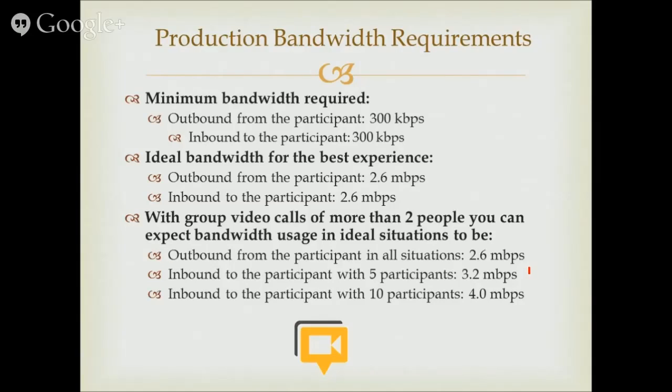And with group calls of more than 2 people, you can expect bandwidth usage to go up. So for example, with 10 participants, we're looking to use about 4 megabits a second, which is a pretty good chunk, and it can actually climb up to around 4.5 megabits a second.